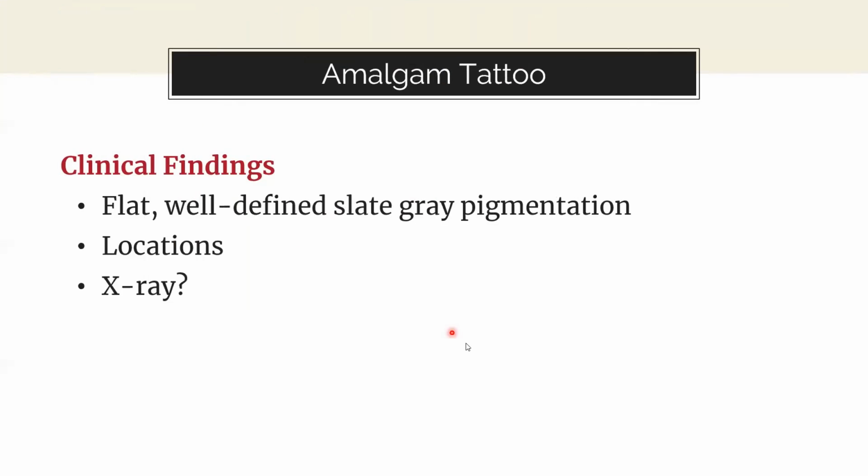Yes. Go ahead. So my patient the other day has an amalgam tattoo from one of his fillings, and he claims that he gets sensitive in that area. Does any of that cause sensitivity, or is there another issue? Is there something that comes along with amalgam tattoos? No, that's a good question.